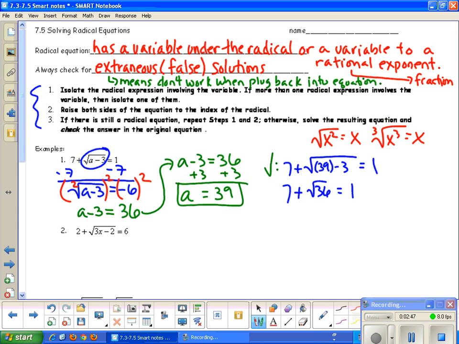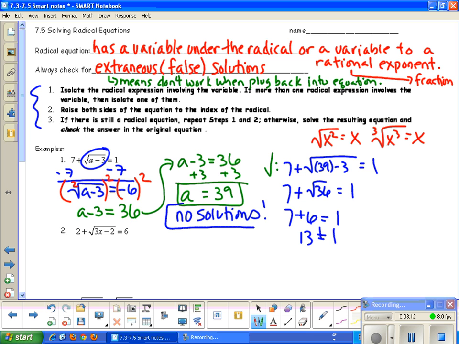The square root of 36 is 6. So we get 7 plus 6 equals 1, and we get 13 equals 1. If you look at this, you notice that that is not a true statement, since 13 does not equal 1. So that means a equals 39 does not work, so there are no solutions.